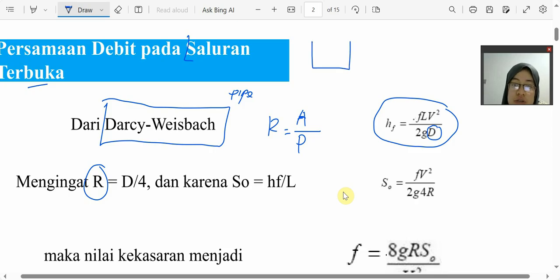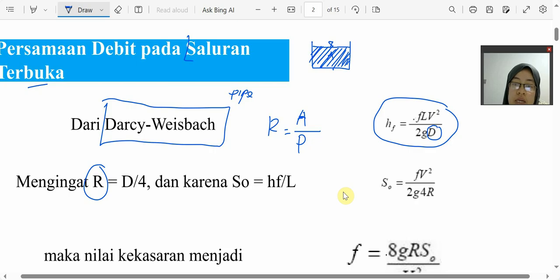For example, if the channel is rectangular and the surface of the water is here, and this is the bed of the channel, then the wet area A is this, the area of the wet surface in the cross section of the open channel.